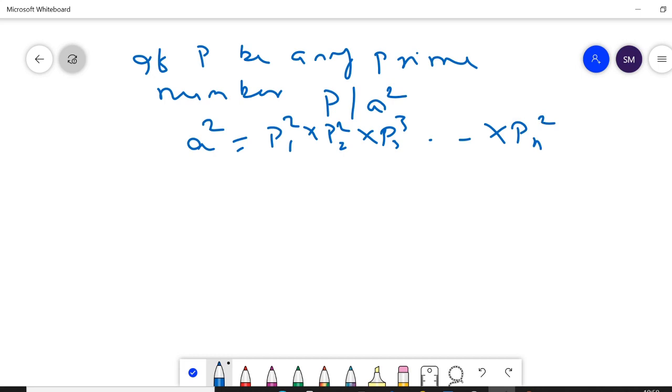If P divides A square, this means P must be any prime number from among these, either P1 or P2 or P3.